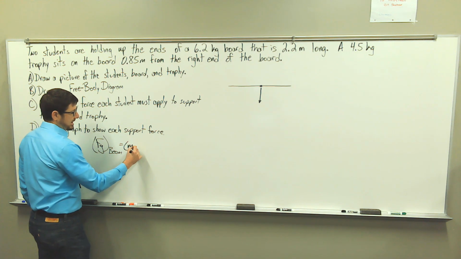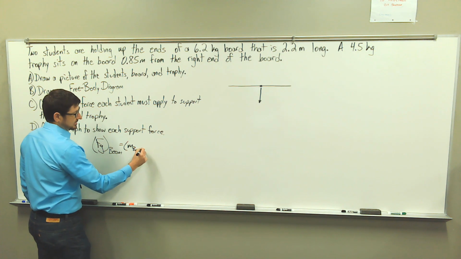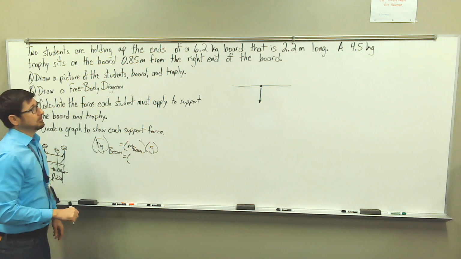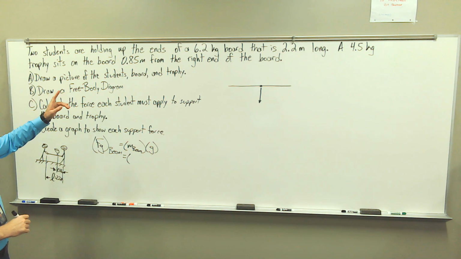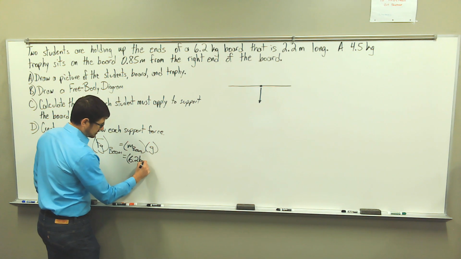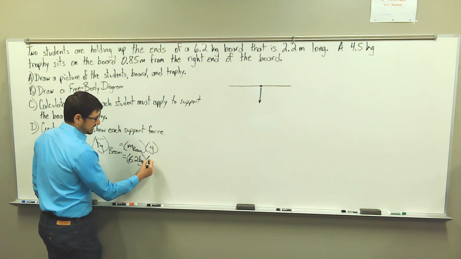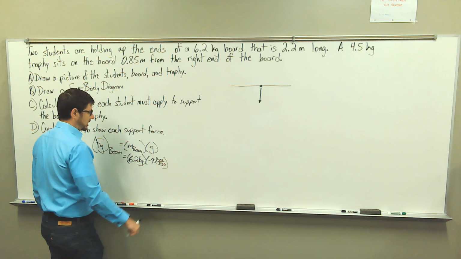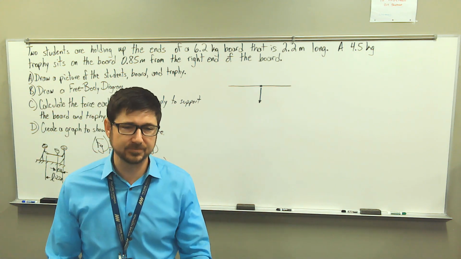We're going to have the mass of the beam times the acceleration due to gravity. Now, the mass of the beam is 6.2 kilograms. The acceleration due to gravity is negative 9.8 meters per second squared. So we're going to take the product of those two values.